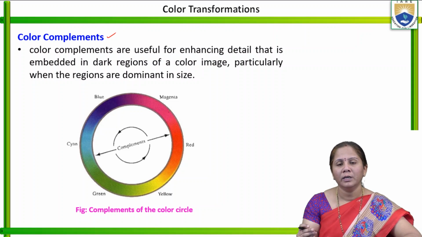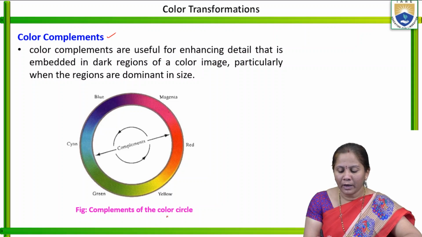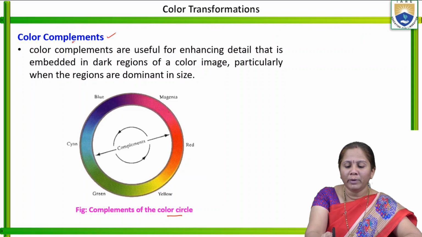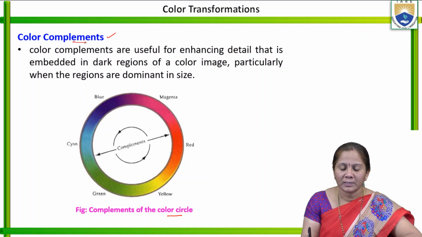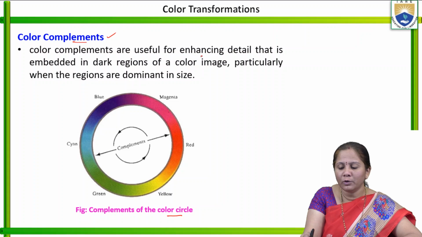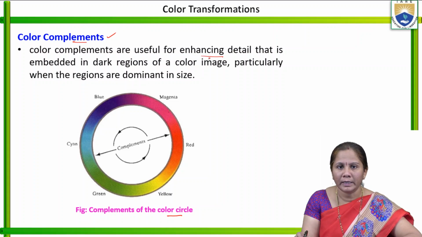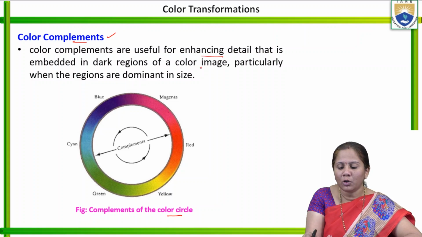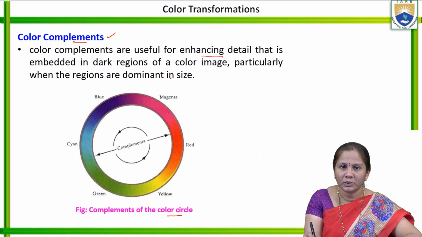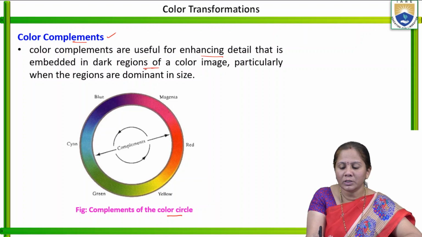But we cannot replace the colors as we like. We have to go by the color circle in order to make color complements. Color complements are useful for enhancing detail that is embedded in the dark regions of the color image. So what are the dark regions here?